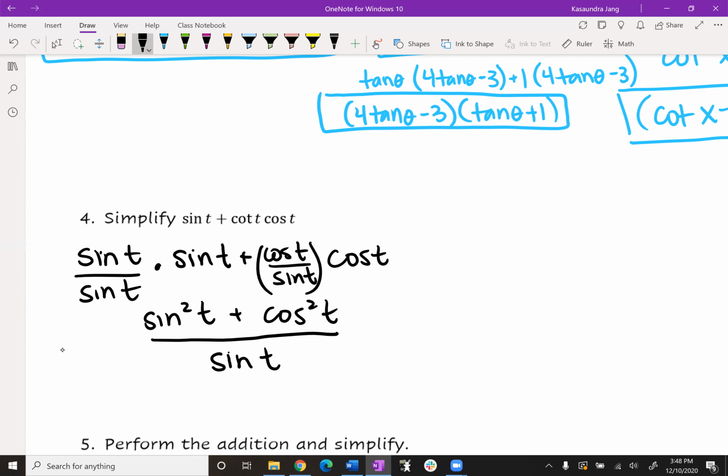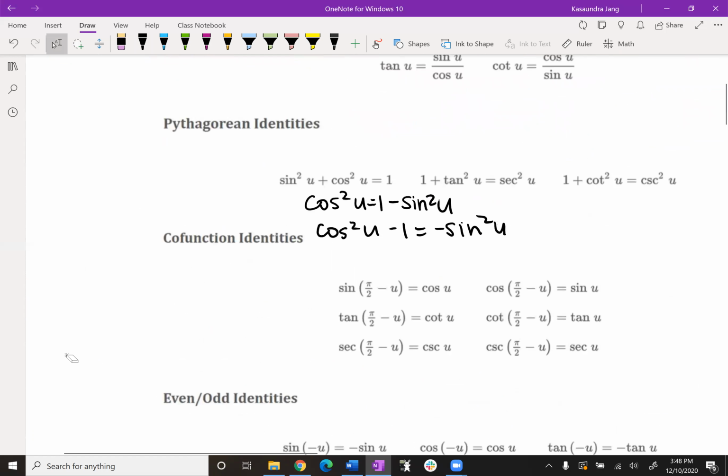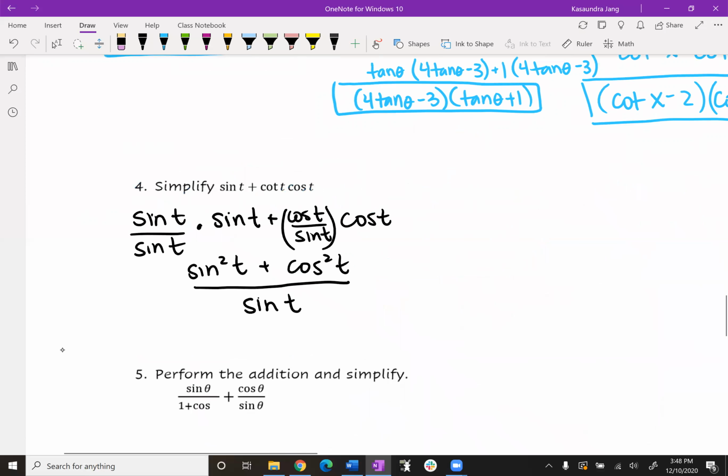Okay. And I hope this is kind of ringing a bell in your head real quick here. Sine squared plus cosine squared. That was one of our identities. That was this same identity that we used before. Sine squared plus cosine squared equals 1. So then that helps me narrow this down.